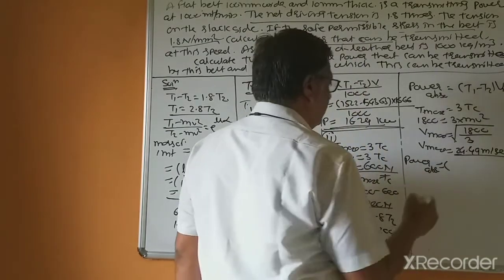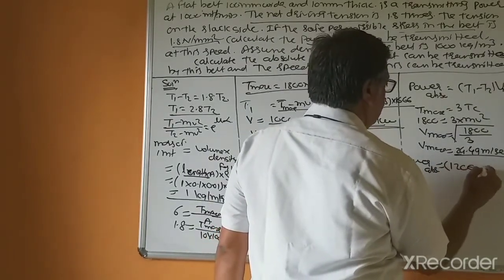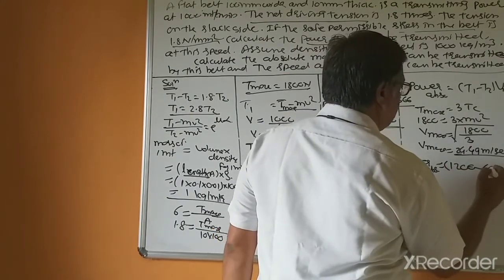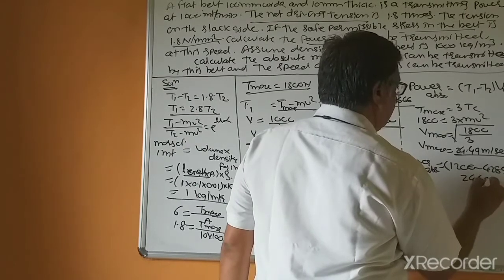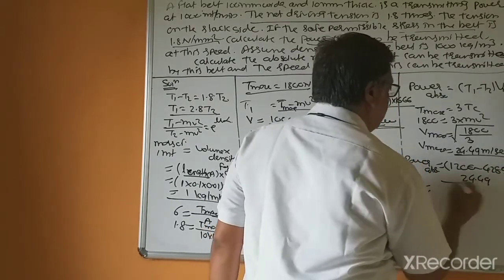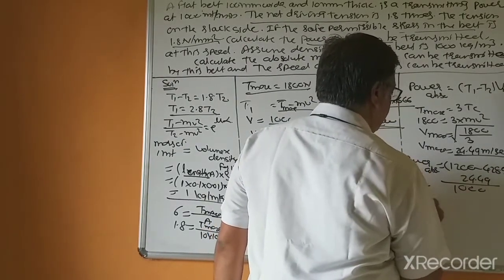So power absolute equal to T1 equal to 1200 minus 428.57, into 24.49, divided by 1000.